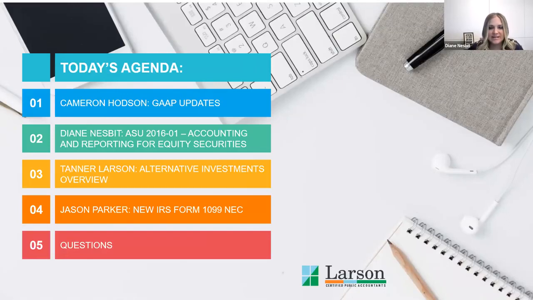We'll go through today's agenda. First up, Cameron Hodson will be giving us an overview of relevant GAAP updates. There's a lot of GAAP updates and recent pronouncements. There's always a lot going on, but we've tried to find those items that are going to be the most relevant for captive insurance companies. That's what Cameron will focus on. And then next up, you'll get to hear from me.